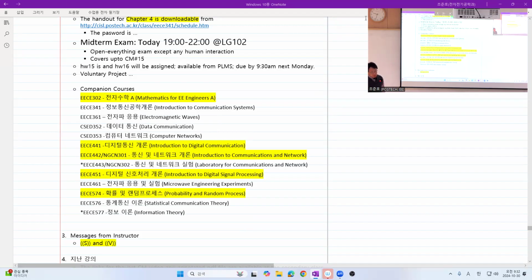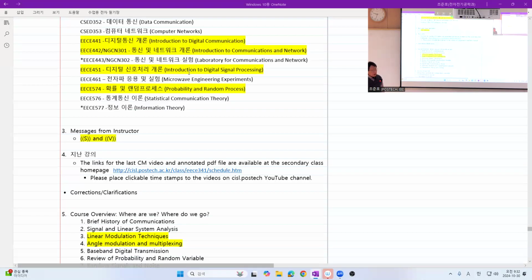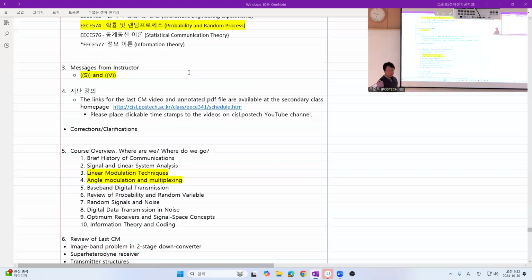Anyway, every time my message is simplify and visualize. And you found already from our textbook that in some explanations related to the coherent demodulator, sometimes we assume the phase angle is 0. That is just for convenience.